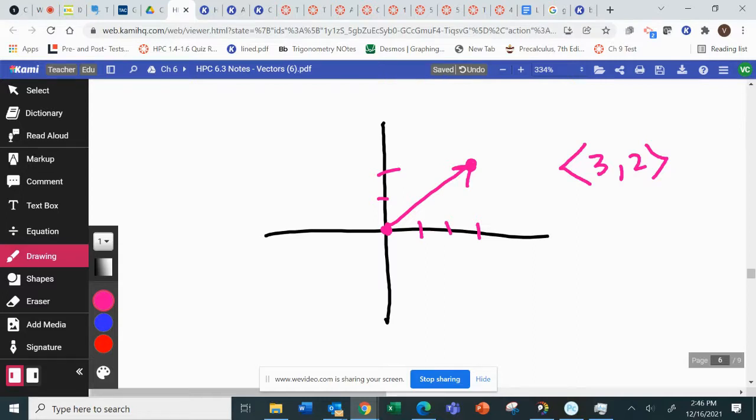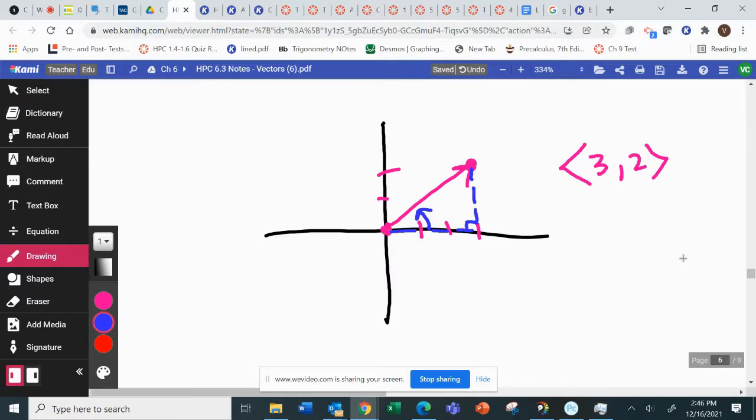Now, finding the directional angle is always going to go counterclockwise, the same way we did in the unit circle. We're going to start at that same initial side, the positive x-axis, and we're going to rotate counterclockwise. If I were to draw a triangle, I could find that angle using trigonometry. If I were to label my sides, this would be what side?